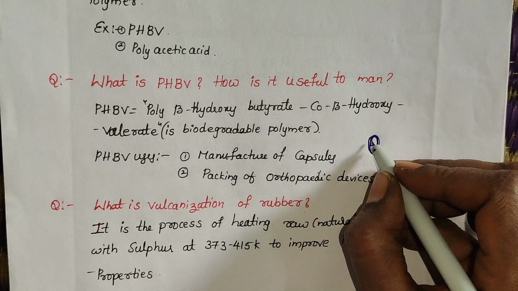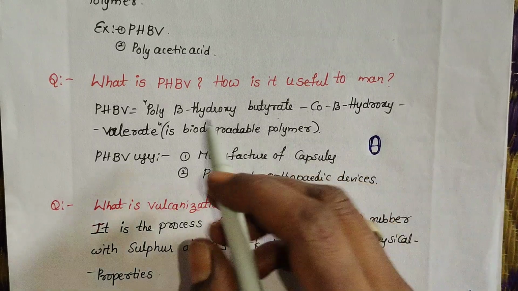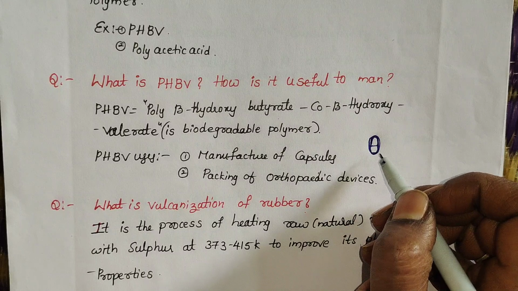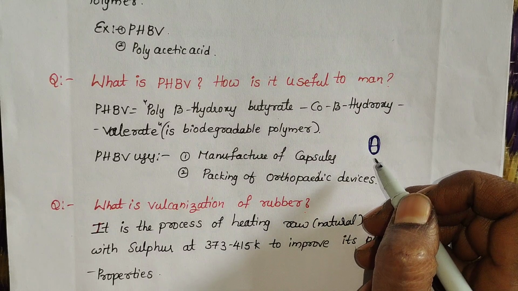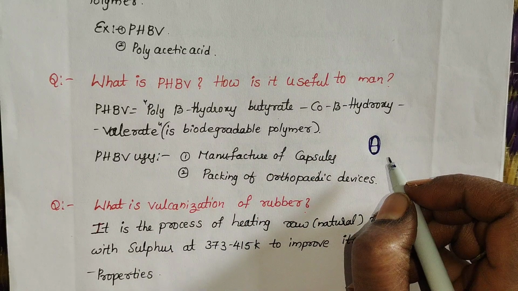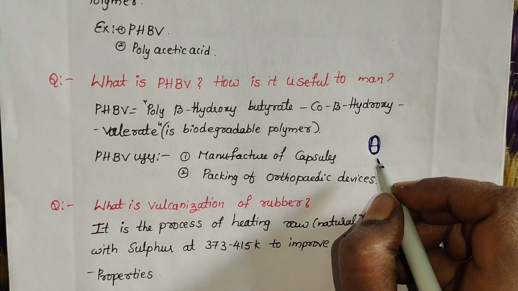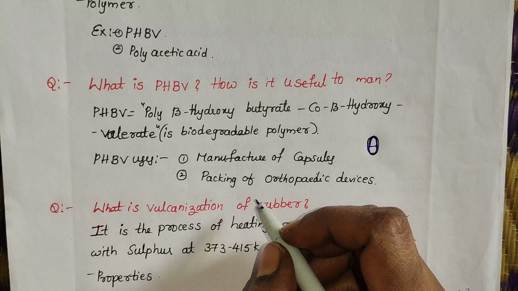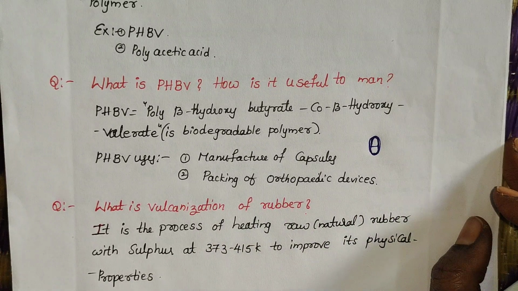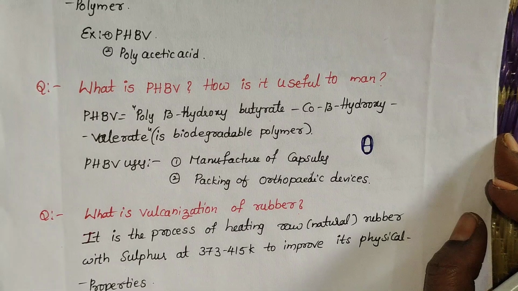That is a polymer, this biodegradable polymer. It is easily destroyed when we take the tablet and it mingles with water; it easily melts. So this is a PHBV use. And one more important use: it is useful for packing of orthopedic devices. What is that, beta? PHBV.